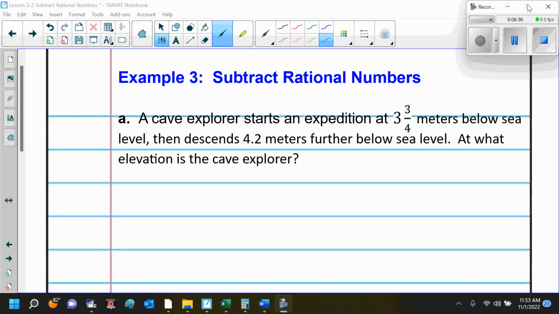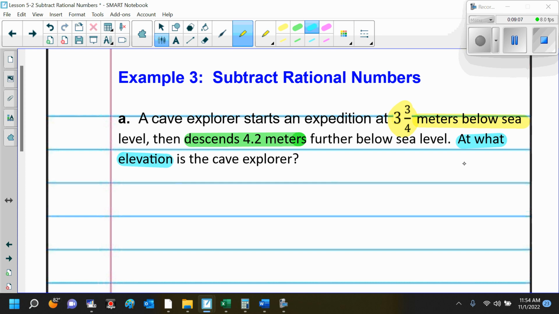So if the cave explorer is descending, is that going to be addition or subtraction? Subtraction. Very good. So here, our important information is that we have 3 3/4 meters below sea level. We also descend another 4.2 meters, and we want to know what is the elevation for the cave explorer.